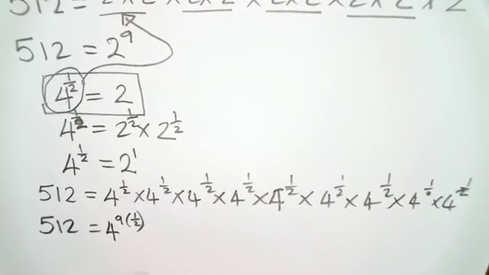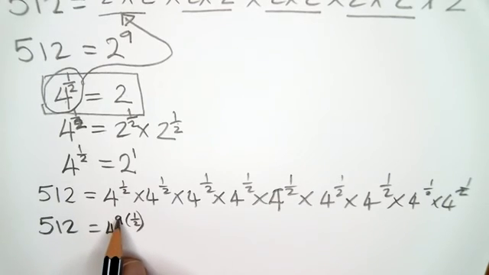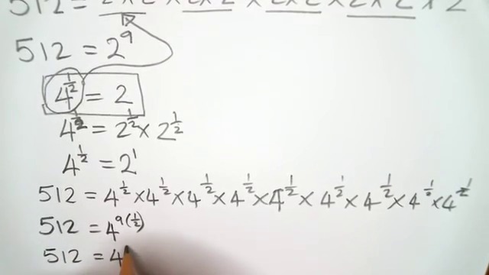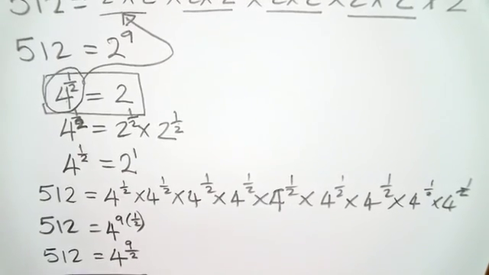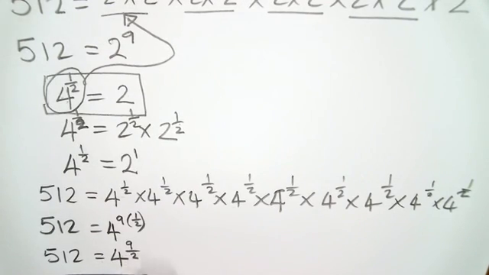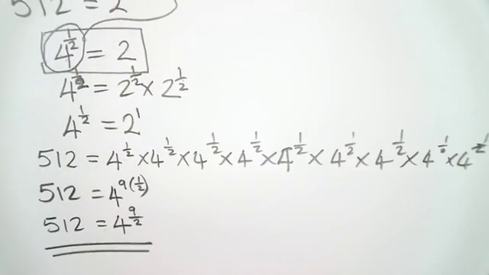Well, that's going to be 4.5. But I'm not going to write a mixed number in there. I want to leave it as 9 over 2. So 512 is equal to 4 to the power of 9 over 2. And that is our relationship. There is 512 expressed as a power of 4. And that would be the way I would do that.